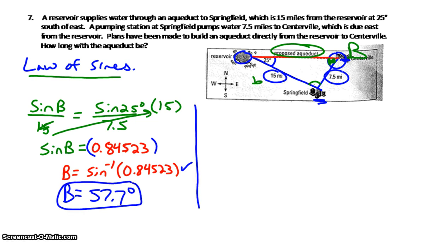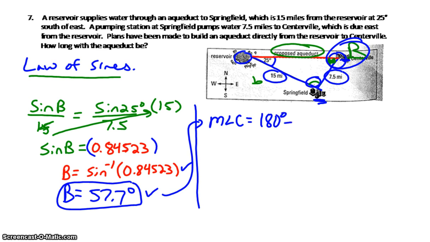Now I can take this angle degree measure and realize that I have this B here, and I can come up with the measure of angle C. So the measure of angle C then will be, in fact, 180 degrees minus that 57.7 and subtract the 25 degrees.